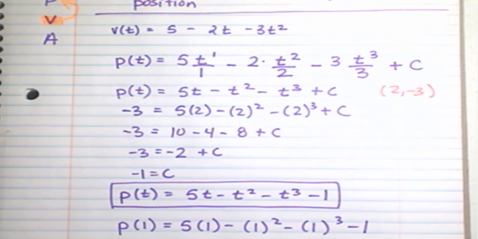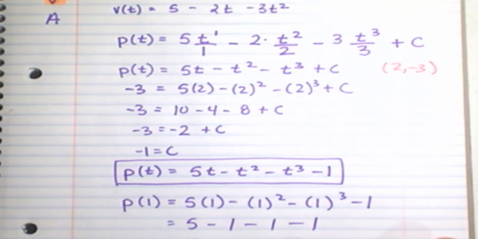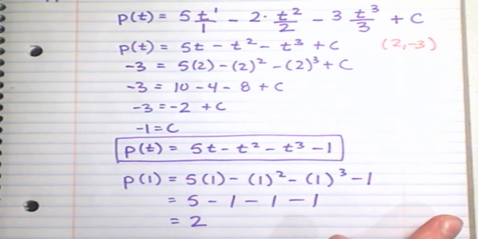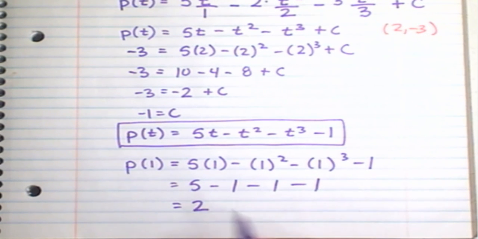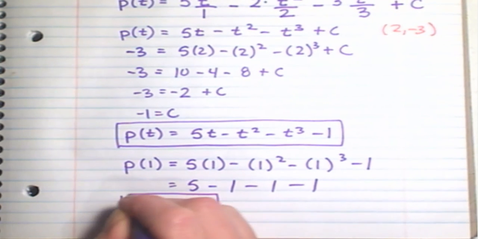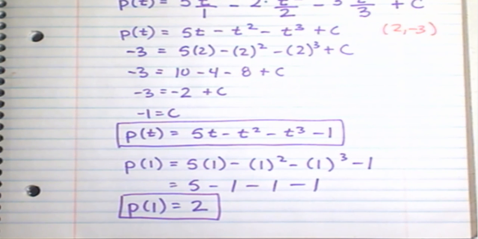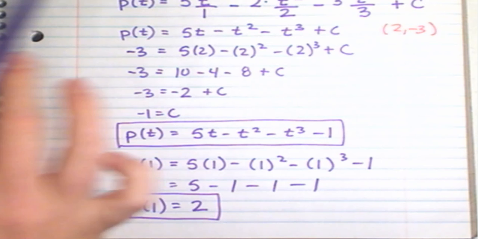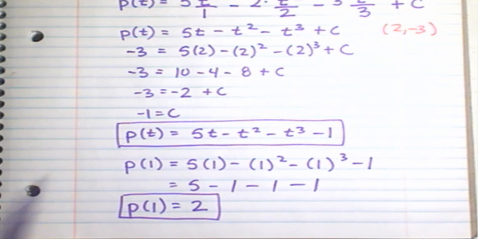So let's look at that: 5 times 1, 1 squared, 1 cubed, minus 1, all added up. Position of 1 is 2. Notice that this was a two-step process. First, I had to find position. Then I had to plug in.